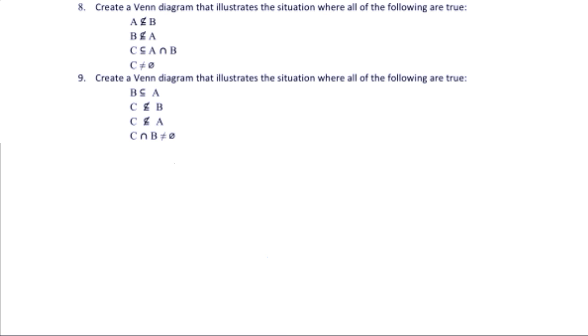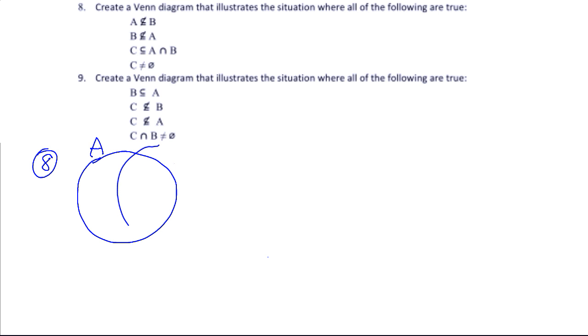We want A to not be a subset of B, B not to be a subset of A. But we want C to be a subset of the intersection, and we don't want C to be the empty set. That means we want A and B to have an intersection, but neither is a subset of the other. So I'm going to go ahead and draw two sets A and B that overlap with each other.